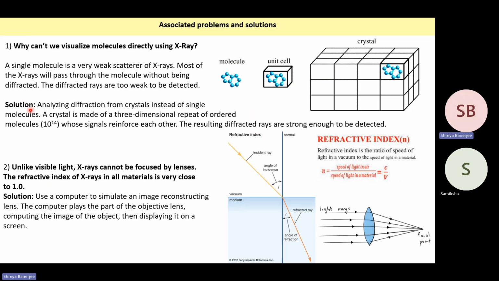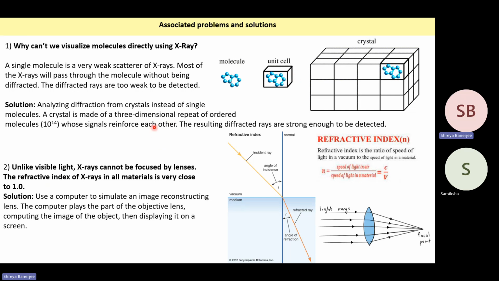So in order to solve this, the molecule is crystallized. Basically, a crystal is a three-dimensional repeat of ordered molecules whose signals reinforce each other. So instead of a single molecule, you have around 10 to the power 14 molecules in an ordered arrangement.